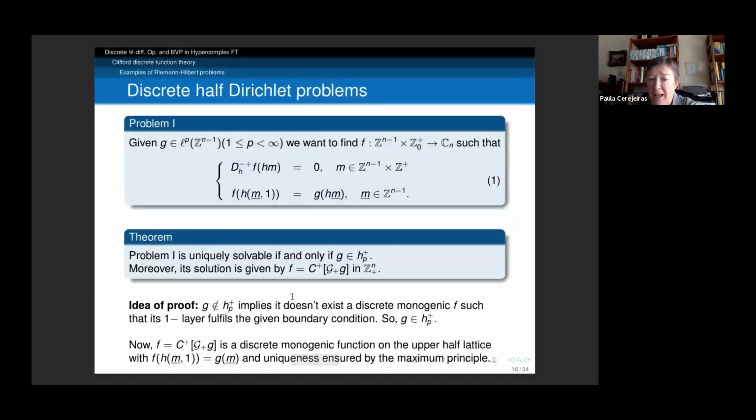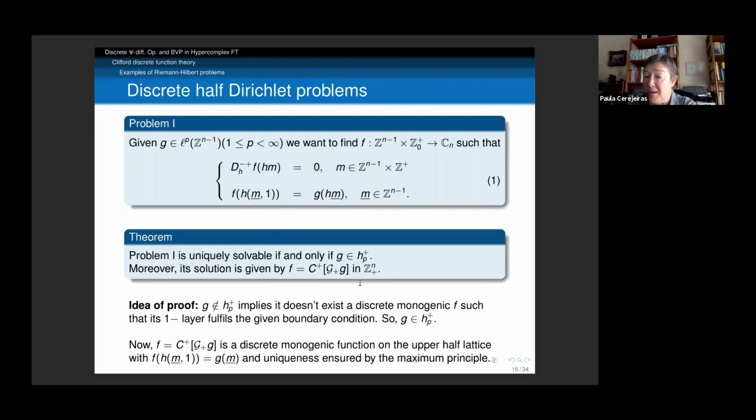Now, I have here some examples, toy models of applications of this. One thing you have to keep in mind is that if the function is discrete monogenic, the value that it has in one layer has to be connected with the value of the function in the 0 layer. So it's enough to give one of these to construct the value that its monogenic analogue must have in the 0 layer.